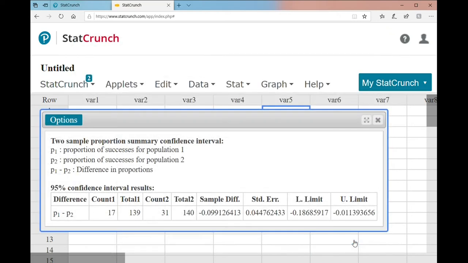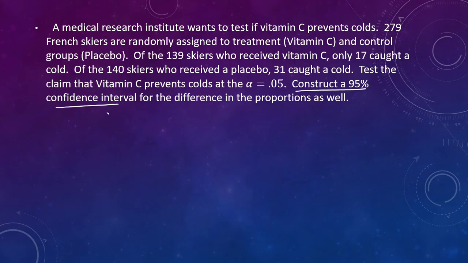press compute. And so the lower limit is negative 0.187 and the upper limit is negative 0.011. From StatCrunch, we have the lower limit is negative 0.187 and the upper limit is negative 0.011.